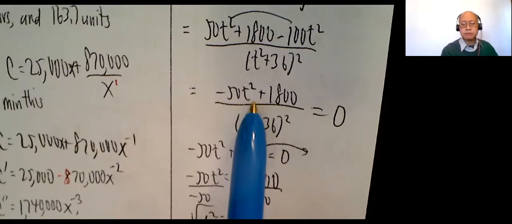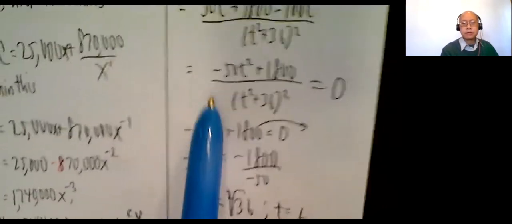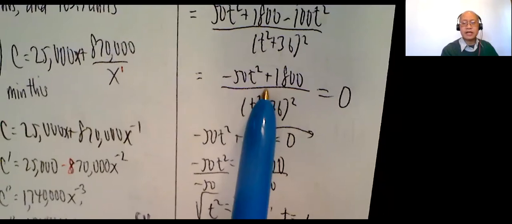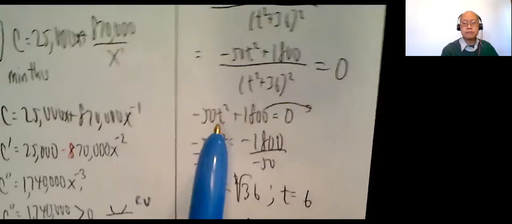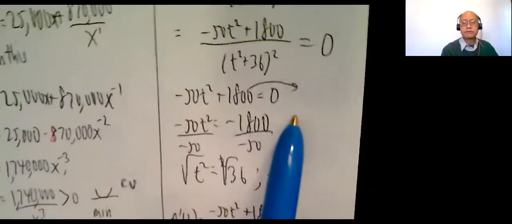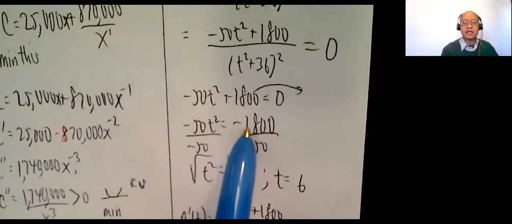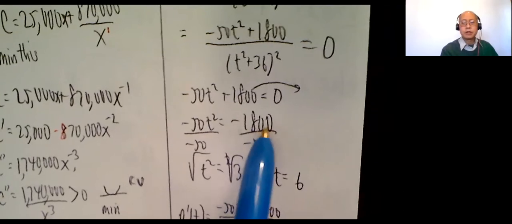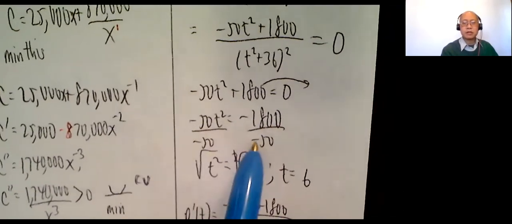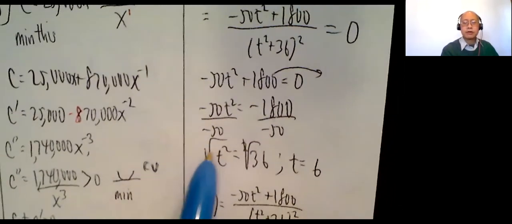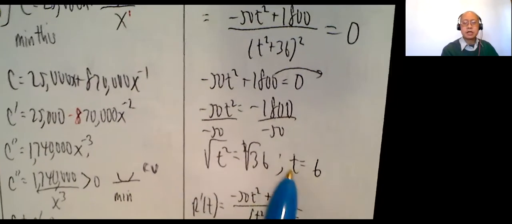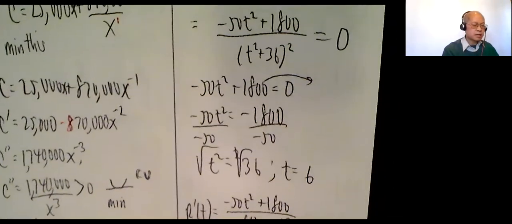Top is 0. So solve negative 50t squared plus 1800 equals 0. Subtract 1800. Negative 50t squared equals negative 1800. Divide both sides by negative 50. Very conveniently, t squared is 36, which means t equals 6.